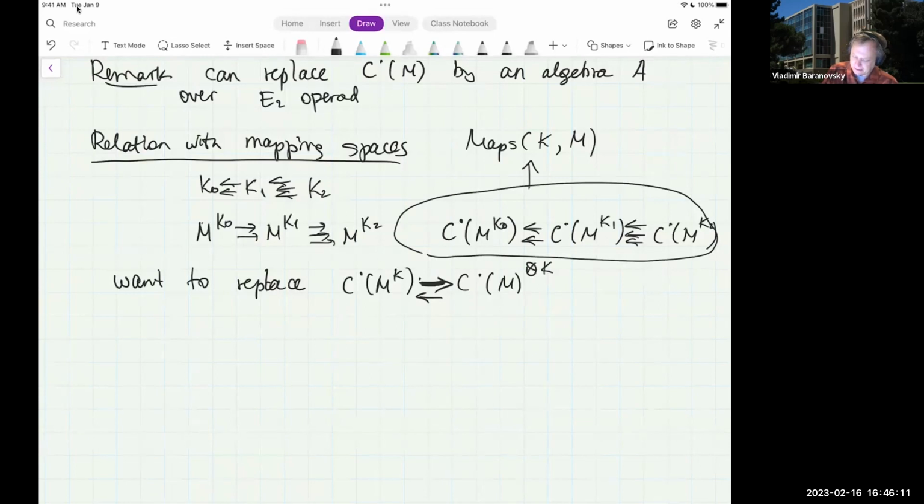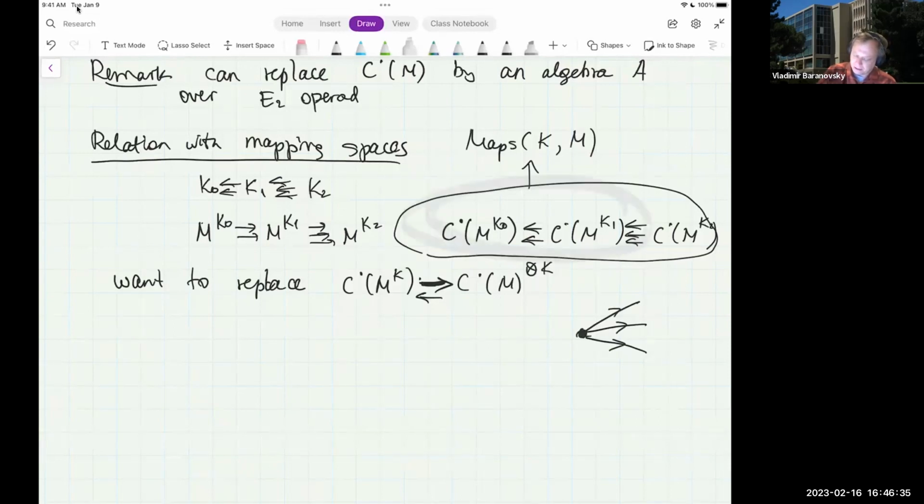And what's the problem here? For instance, if you take a point in K0, so this is a vertex in our simplicial set, maybe there are several edges coming out of it. How do the arrows work in our complex?